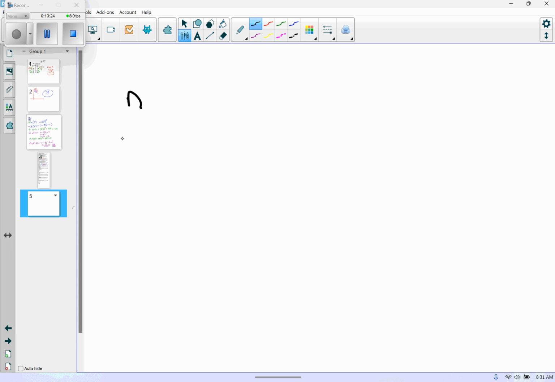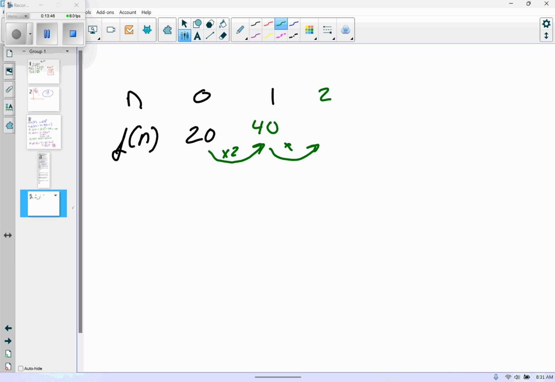So I have n. We have f of n. There were 20 students that heard right away, and then we said each of these students here told 2 friends. So this is going to be times 2. So that would get to 40. And then after 2 hours, multiply by 2.